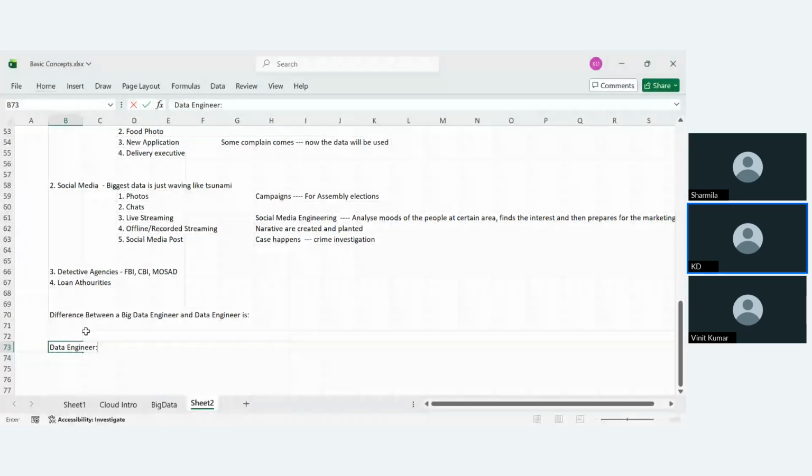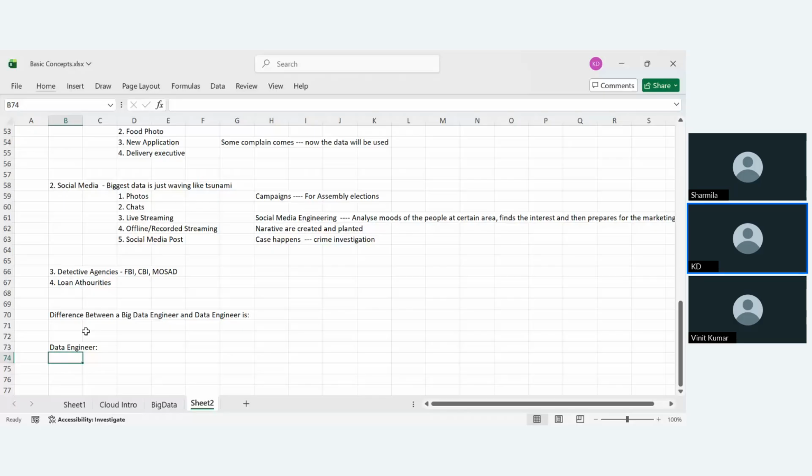Suppose you have different water resources: mountains, lakes, rivers, wells, a lot of water resources. The job of a data engineer is to build the pipelines.